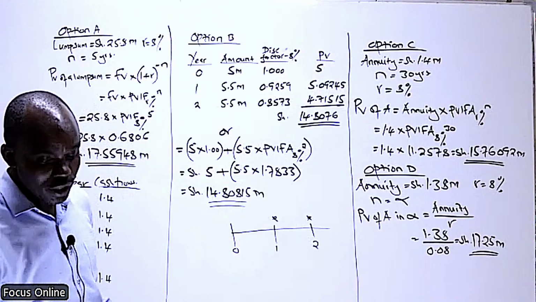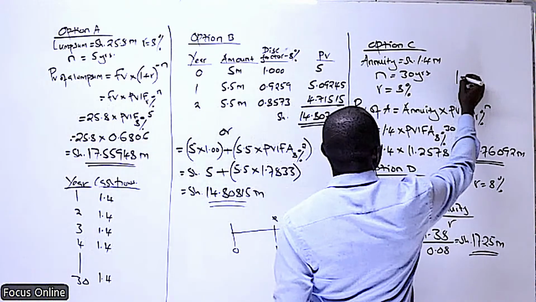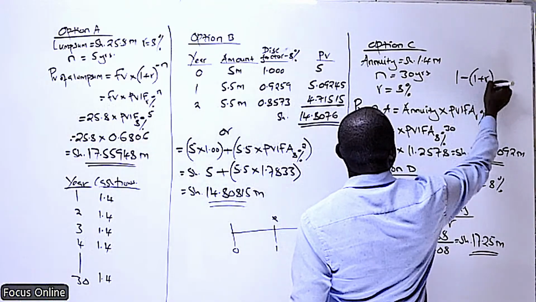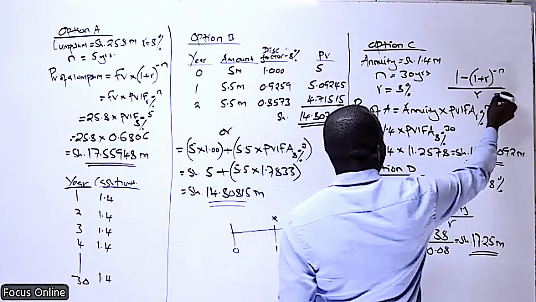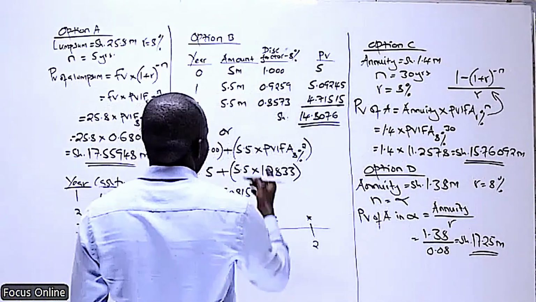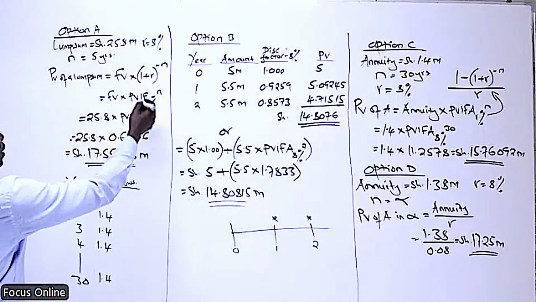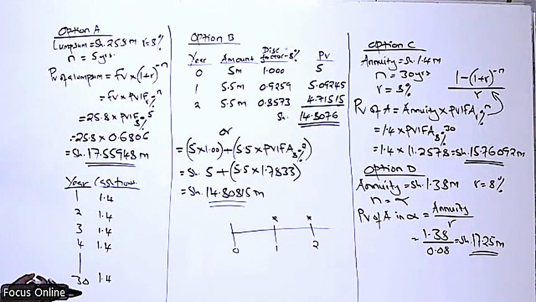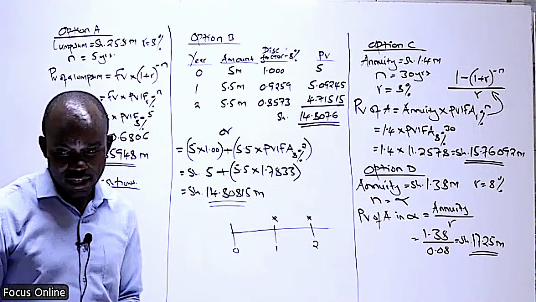For annuities, we said it is (1 minus (1 plus R) power negative N) over R. For interest factors, we said it's 1 plus R power N. We get the same factor as when we are using the tables.